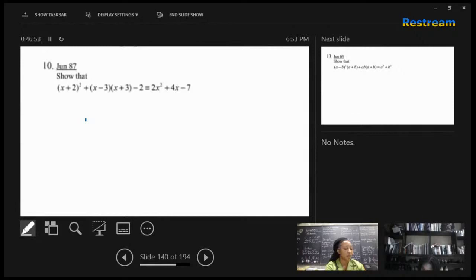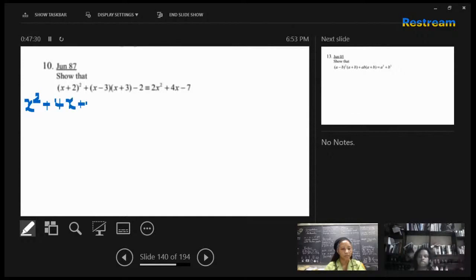Okay then, Imani. So this is the square of the sum for the first bracket. So that's x squared plus 4x plus 4.